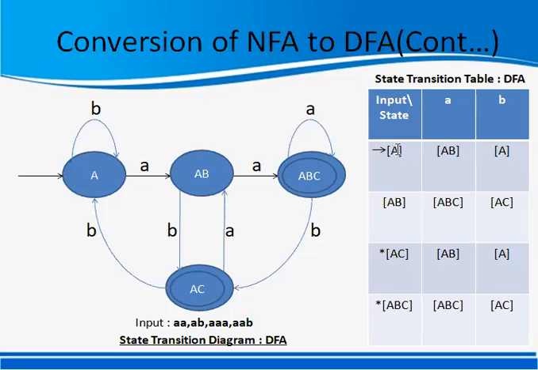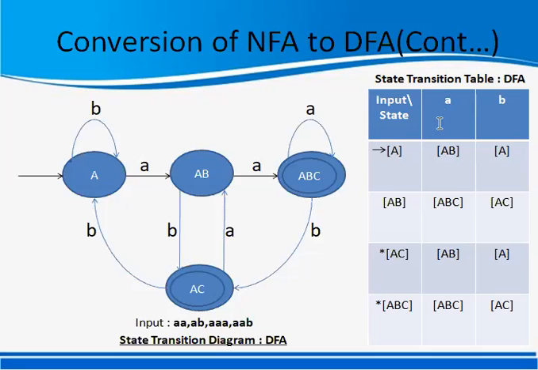Now we are using this table starting from the initial state A. Starting from the initial state A, on input small a, the next state will be AB. On input small b, the next state will be A. Now we will see the transitions on state AB.